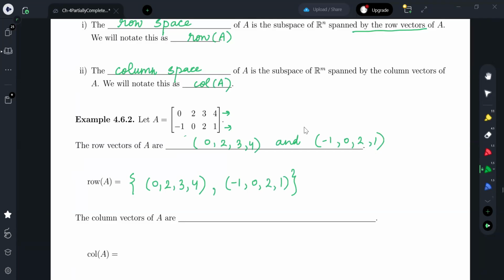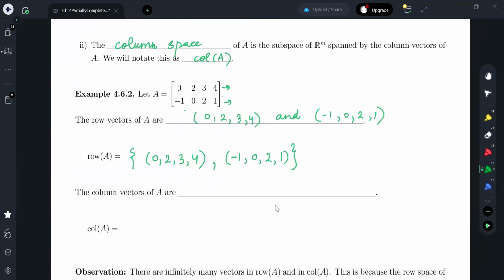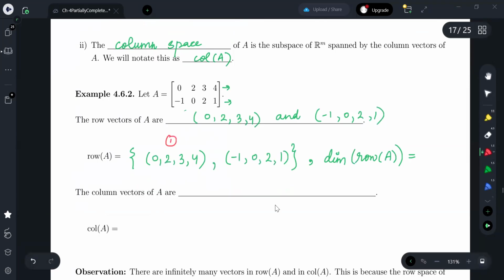Now, what are the column vectors? Oh, actually, what is the dimension of row space? Can you tell? How many vectors? How many vectors in the row space? Well, this is 1. This is 2. Dimension is?